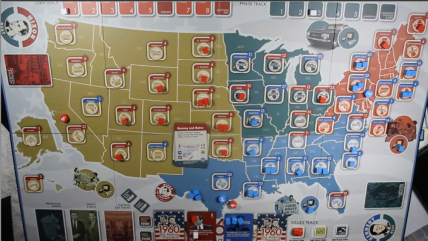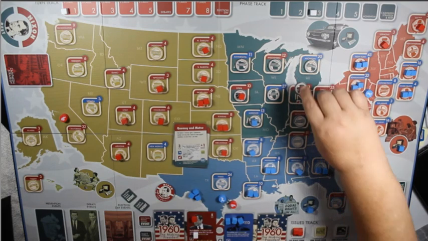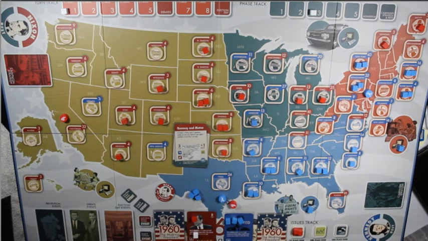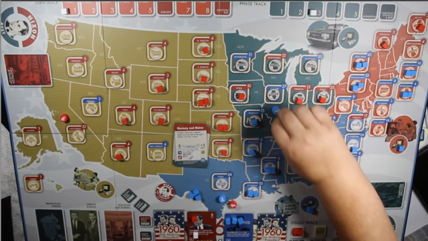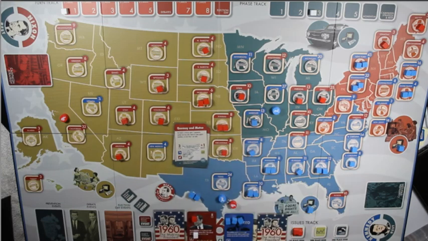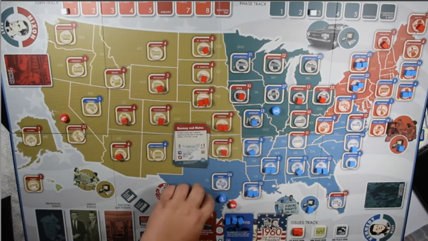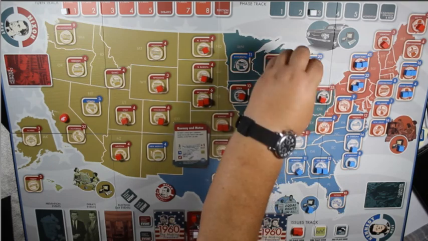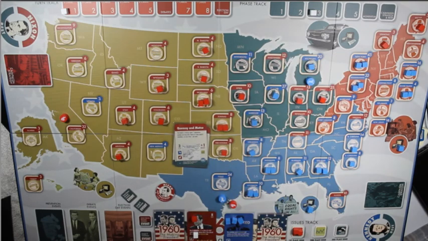I'm not sure why. Oh, it's supposed to be Indiana. Sorry, because Indiana has the marker. I put that in the wrong space. He's going to move to Illinois for 1 CP. He's going to place 1 in Illinois and then travel up to Michigan and place 1 there. So he has done travel state support for his action this phase.